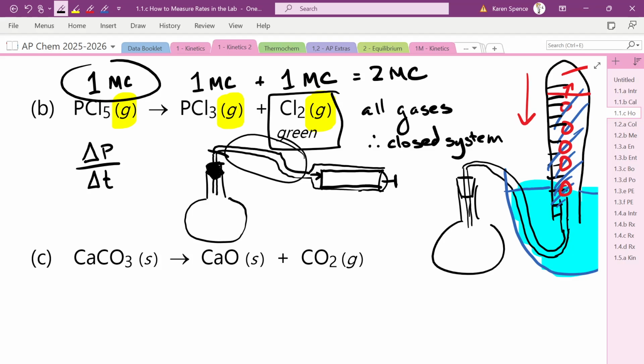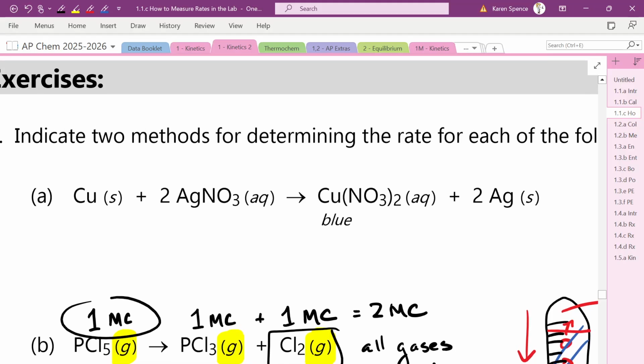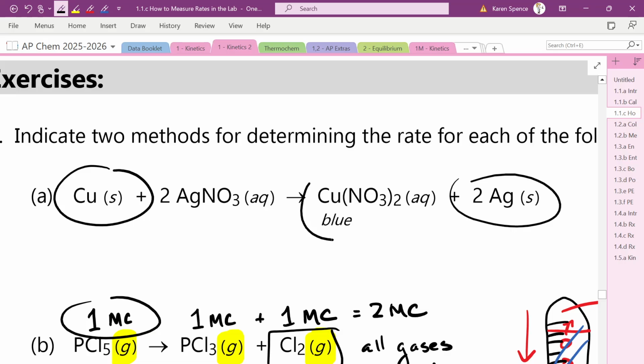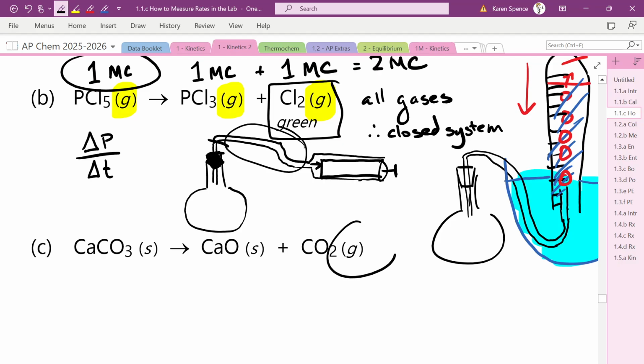If you've got no other choice, that's what I would say. If you've got no other choice, so let's say are there any in here where we have no other choice? No, we could measure the mass of the copper, mass of the silver. We could do spectrophotometry. This one, pressure.